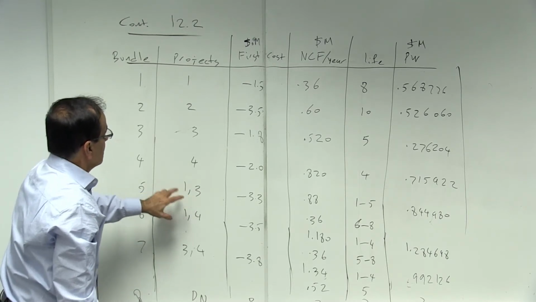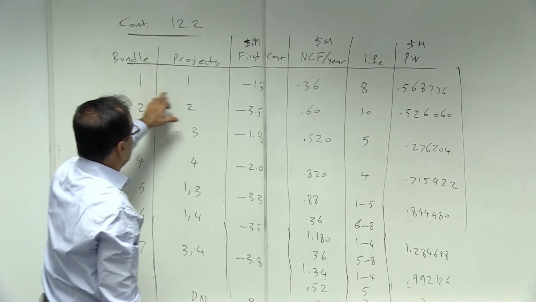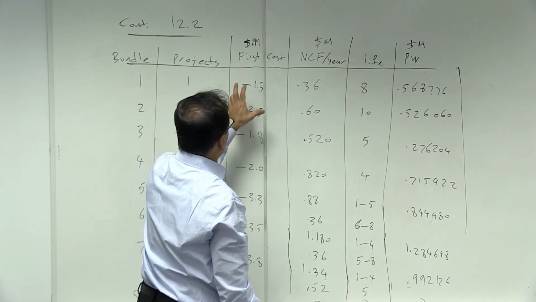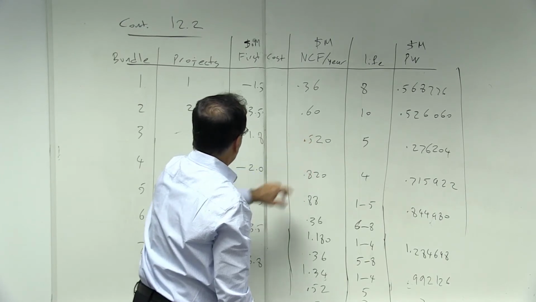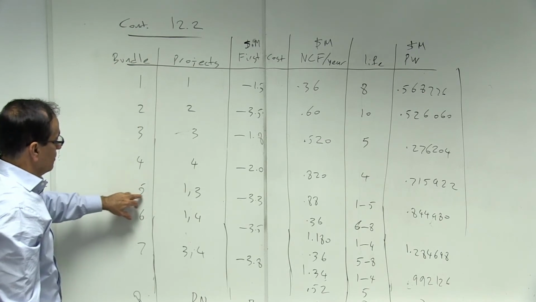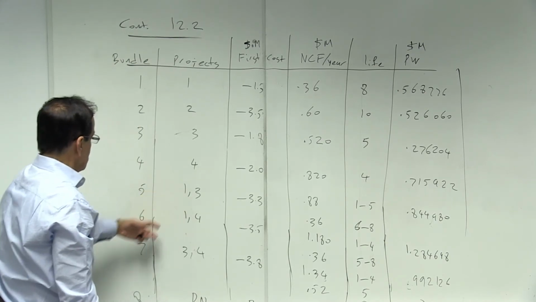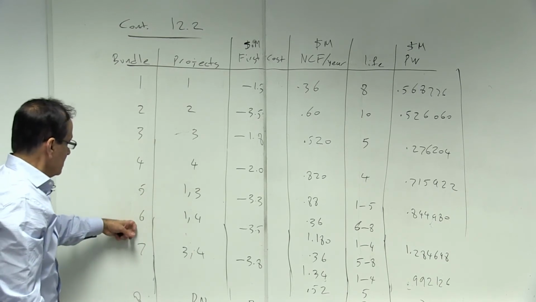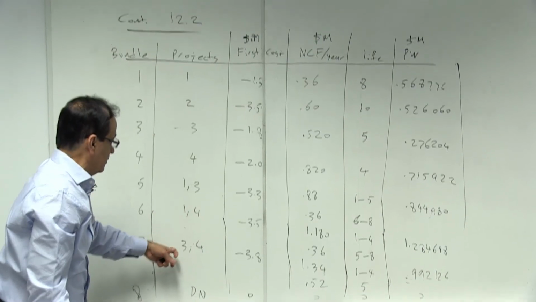Bundles 2, 3, and 4 are the same as bundle number 1. The only difference is they have different first costs and different income per year. We're going to use the same approach for bundles 6 and 7, which consist of alternatives 1 and 4, and 3 and 4.